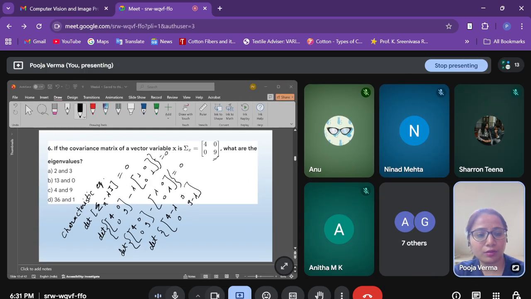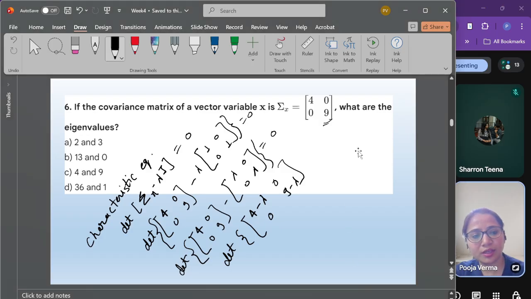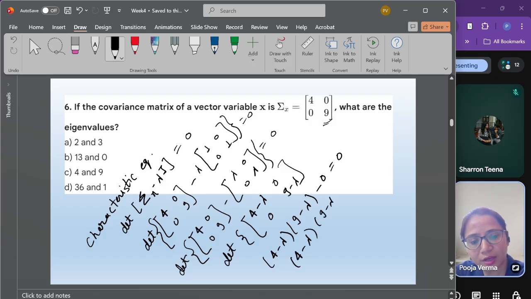Now can you calculate the determinant? 4 minus lambda times 9 minus lambda, the diagonal product, minus 0 is equal to 0, right? This is the determinant of the 2 cross 2 matrix. So 4 minus lambda times 9 minus lambda equals 0.